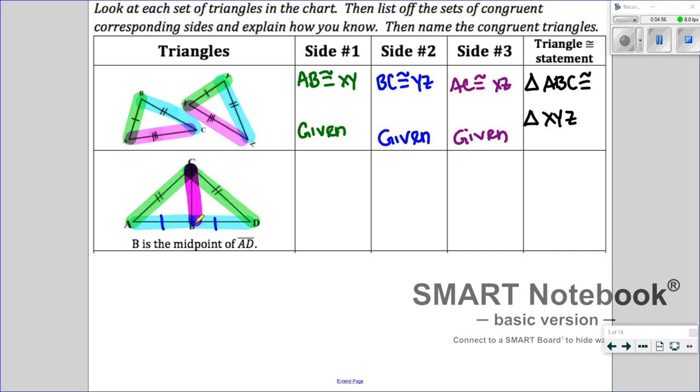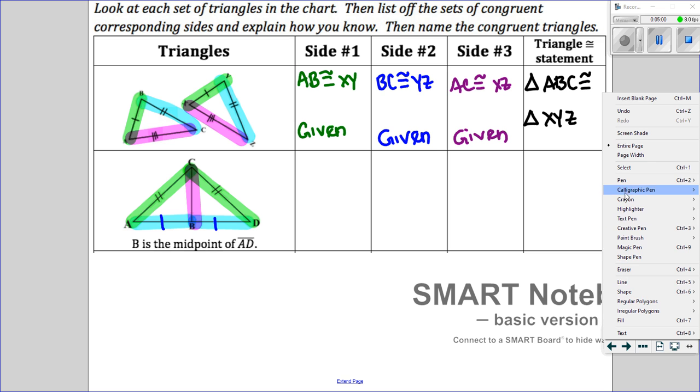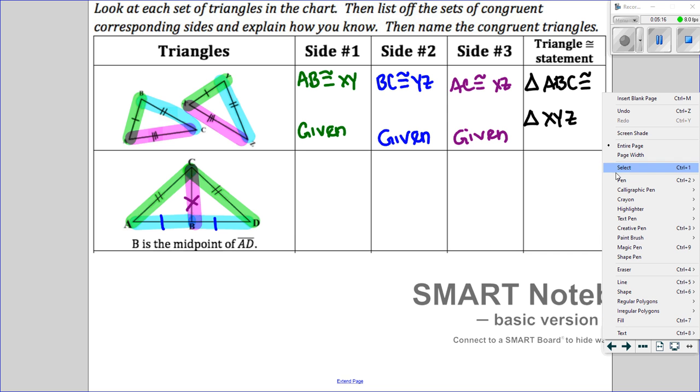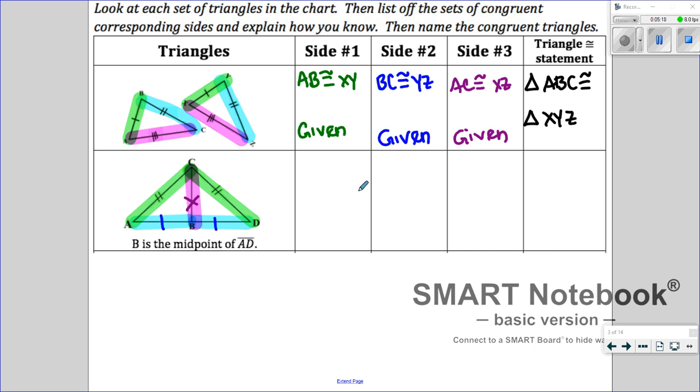CB is going to be congruent to CB because of the reflexive property, because these are two different triangles. I mean, two similar triangles. They're sharing the same side, so then the third side is going to be congruent to itself. So now I'm going to write the statement for each side. So we have AC, which is congruent to CD because it's given.